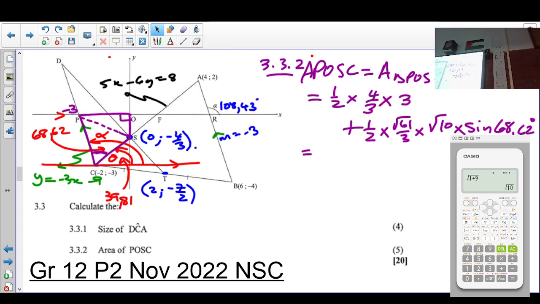So it's going to be half times 4 over 3 times 3 plus a half times the root of 61 over 3 multiplied by the root of 10 multiplied by sine 68,62. That gives 5,833.